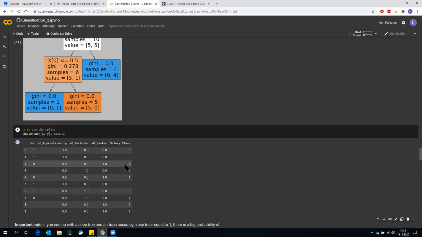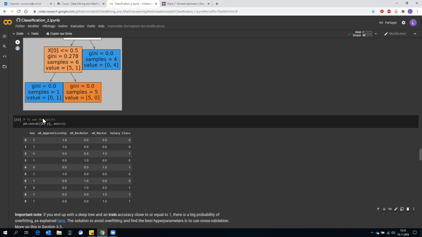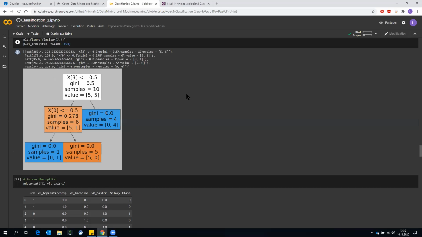So this is what we have here, and then it takes the 0, so index, this one. If it's below 0.5, it classifies in the class 1. This is also what we have here. This one is in the class 1, and the 5 remaining, all the rest that is not master and not sex equals 0, is classified in the class 0. So we have a good classification in this basic example.